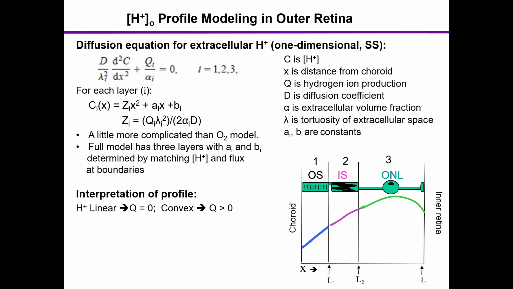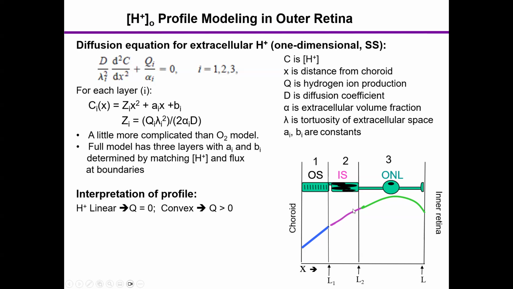And so the full model has 3 layers. There are equations for the outer segment layer, the inner segment layer, and the outer nuclear layer. The interpretation of the curves is that if the curve is a straight line through one of these layers, then you've only got the AX plus B term, and there is no consumption or no production in that layer.